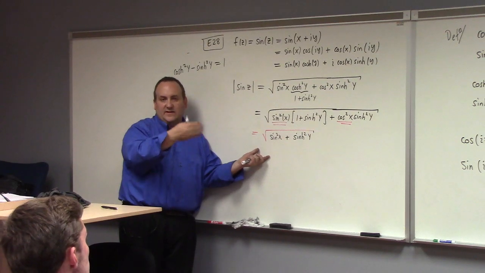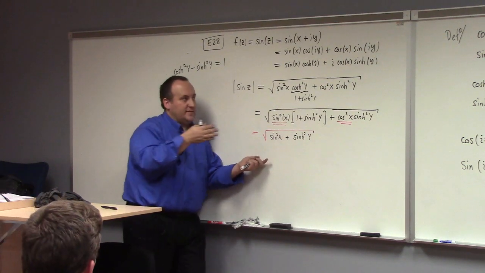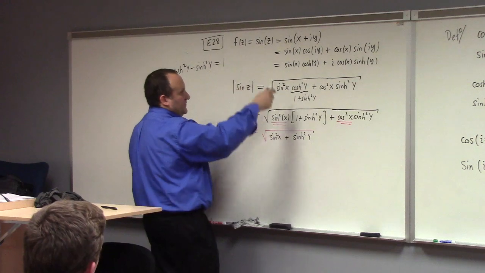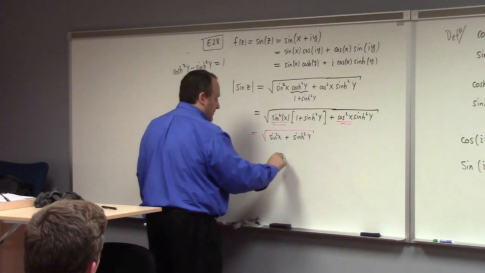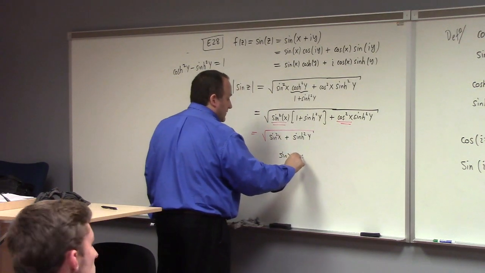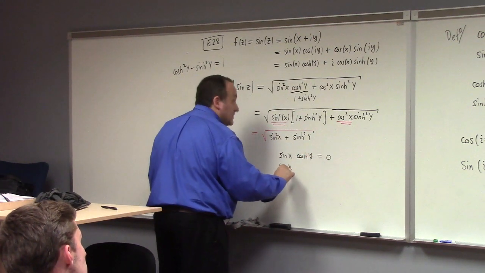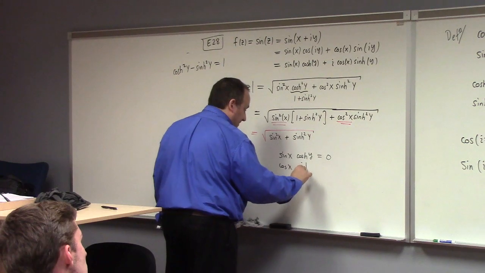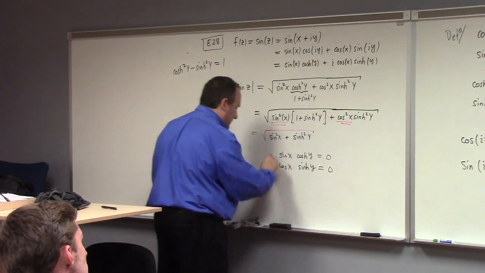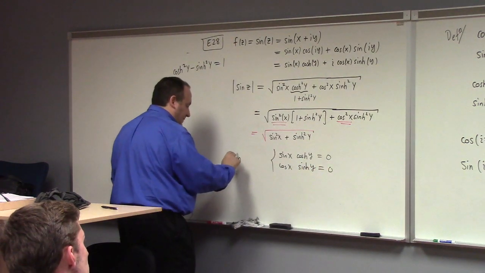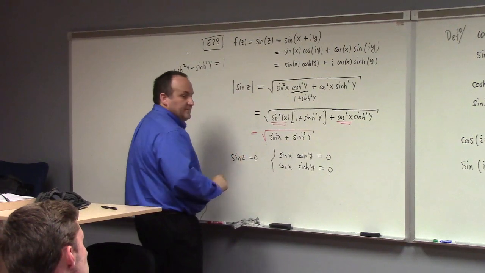The other way is just to set it equal to 0. So that would be the other way to find where sine of z is 0. I could study sine x cosh y equals 0 and cosine x sinh y equals 0. So this would be tantamount to sine of z being equal to 0.